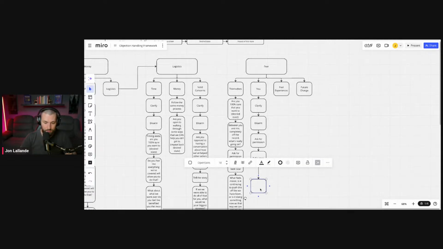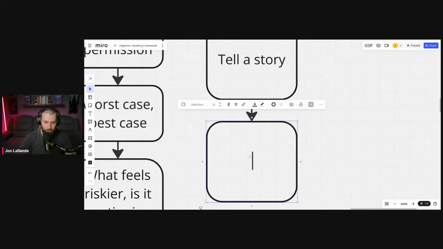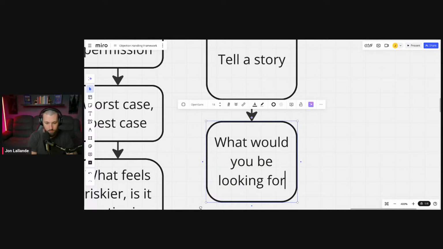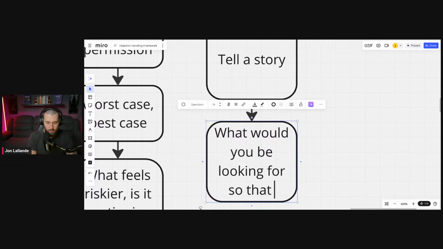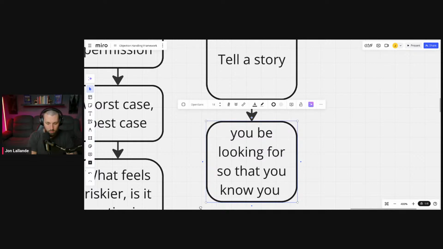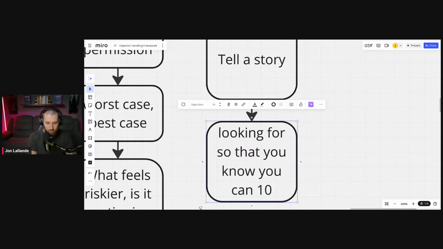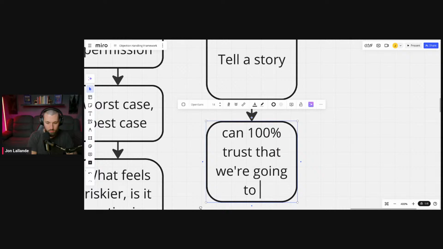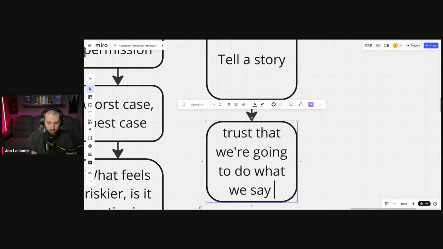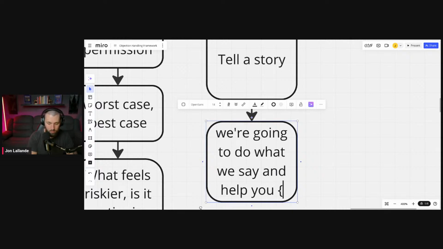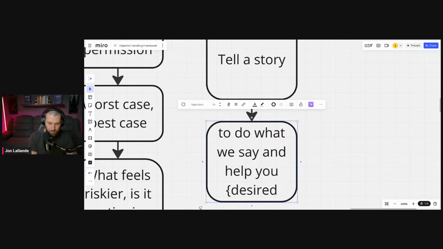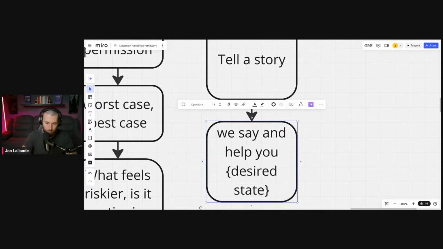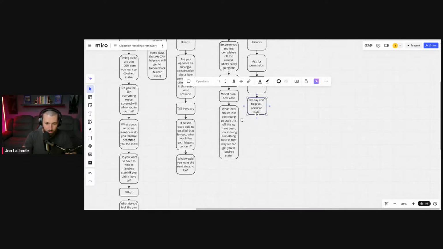So what we're going to ask them is, what would you be looking for so that you know you can 100% trust, not 10% trust, that wouldn't work, 100% trust that we're going to do what we say and help you get closer to your kids, right? We're using that as the common theme.